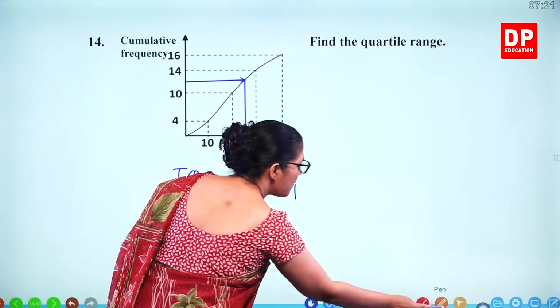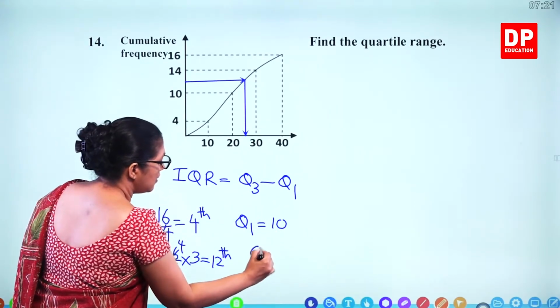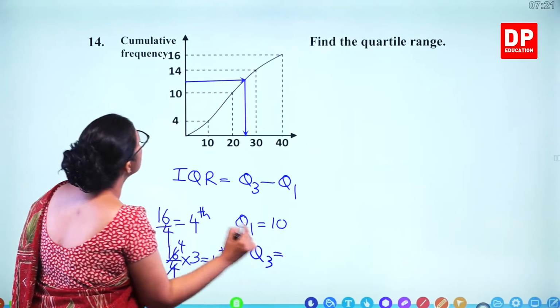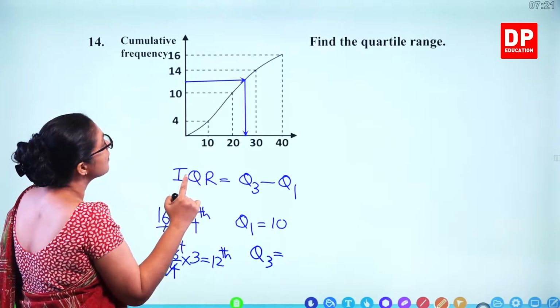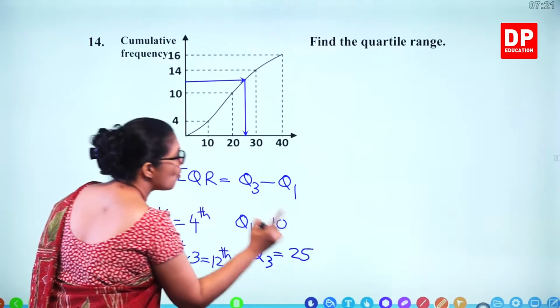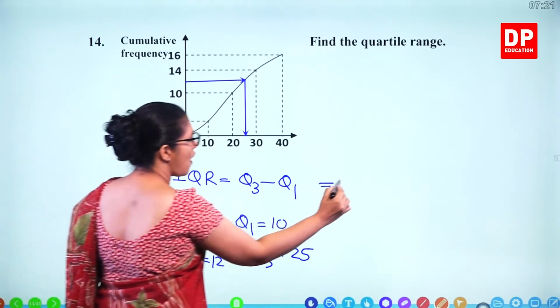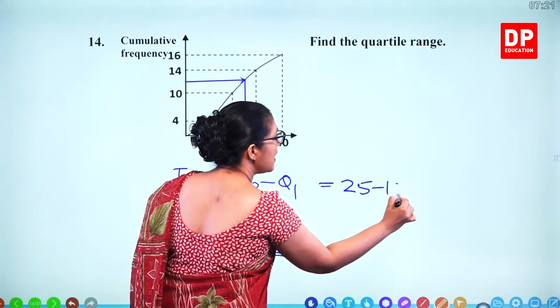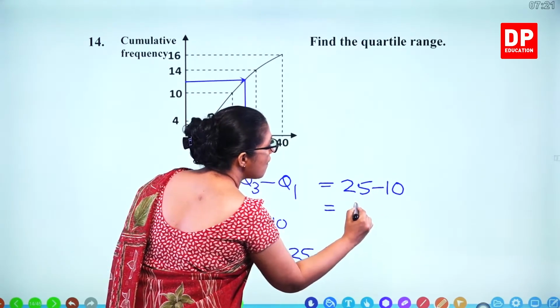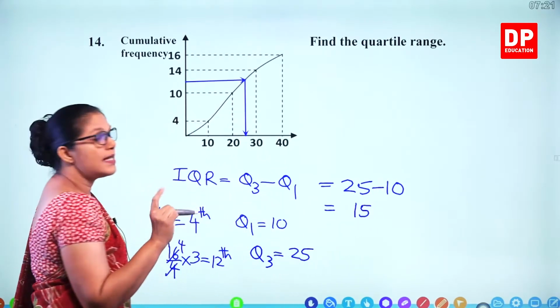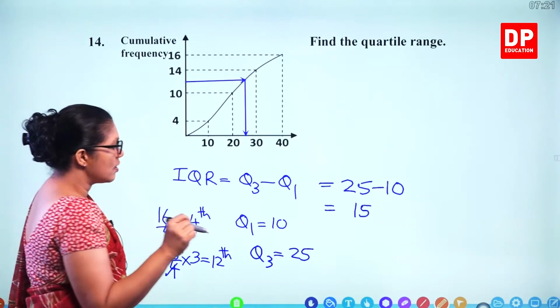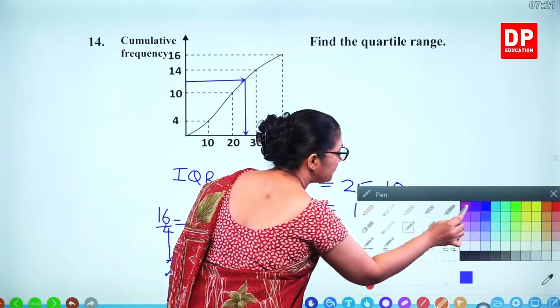So we can say Q3 is equal to 25. So what is the interquartile range? Substitute Q3 25 and Q1 10. You get 15 is the interquartile range. So 2 marks for that.